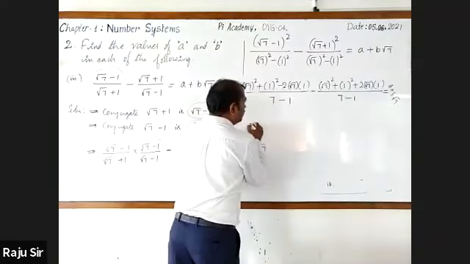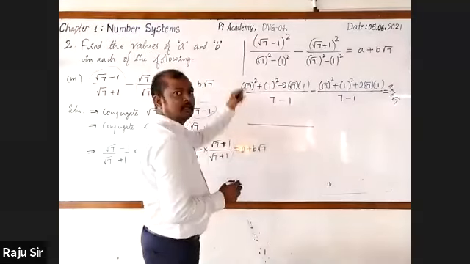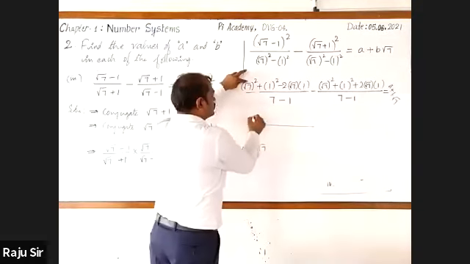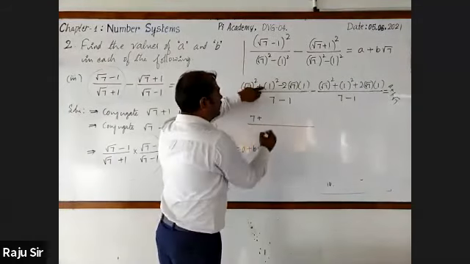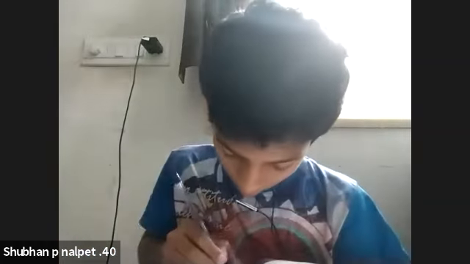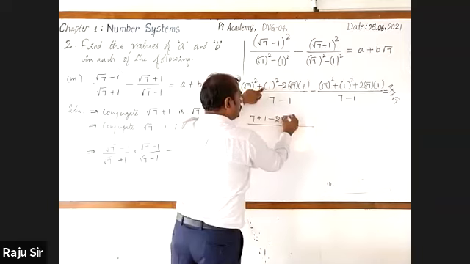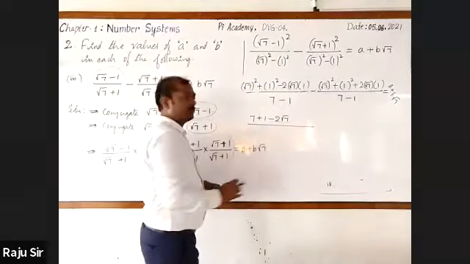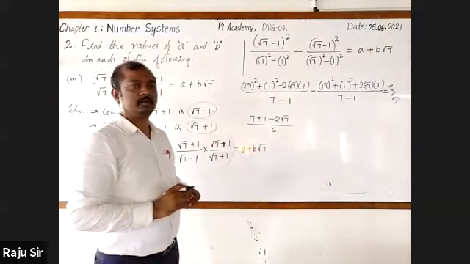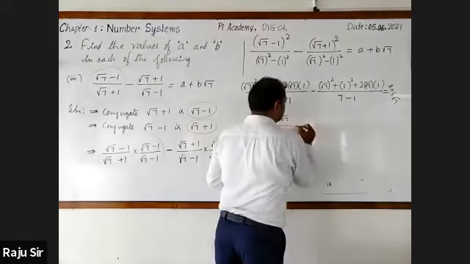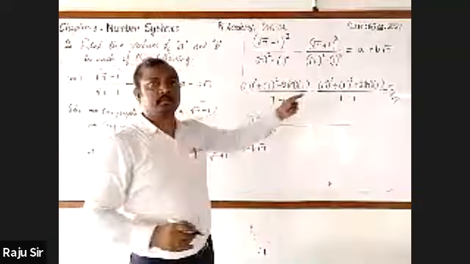Now, continue with me. Here, root 7 whole square is 7, plus 1 whole square is 1, minus 2 ones are 2 root 7, divided by 7 minus 1 is 6. Next, put minus 1 minus the second term.